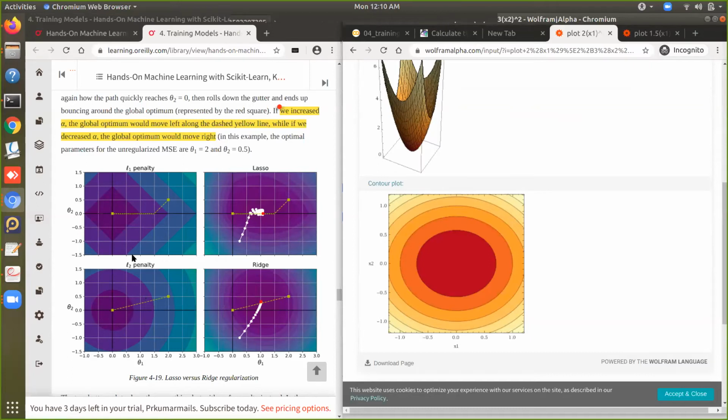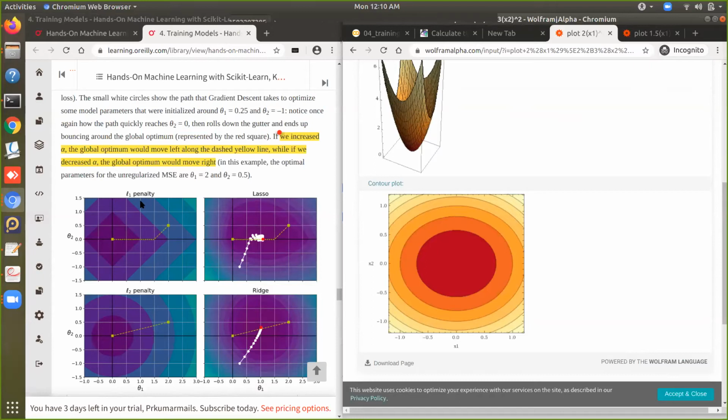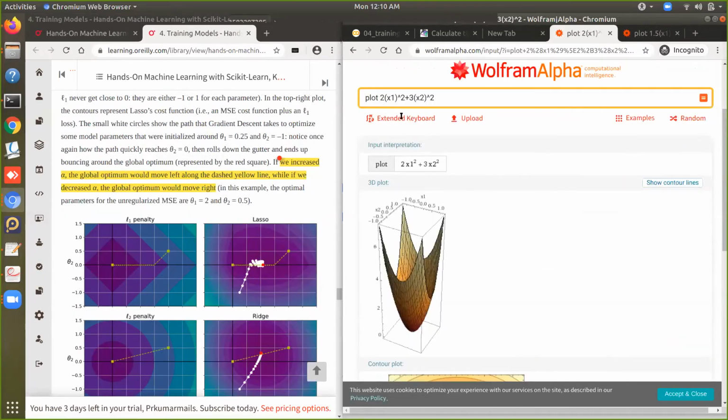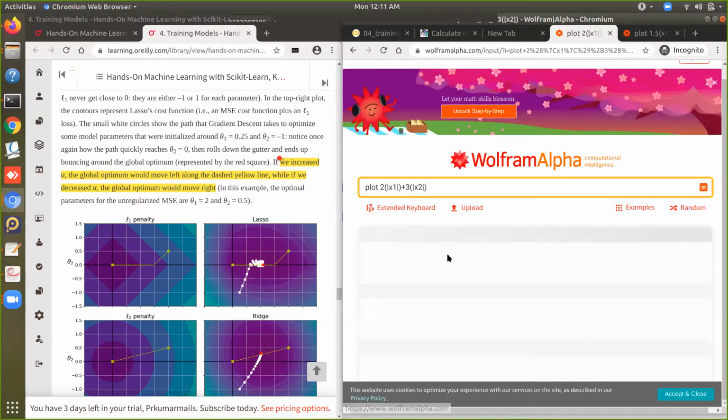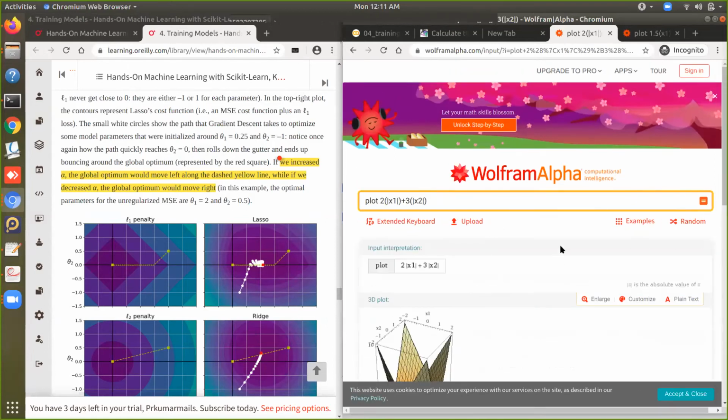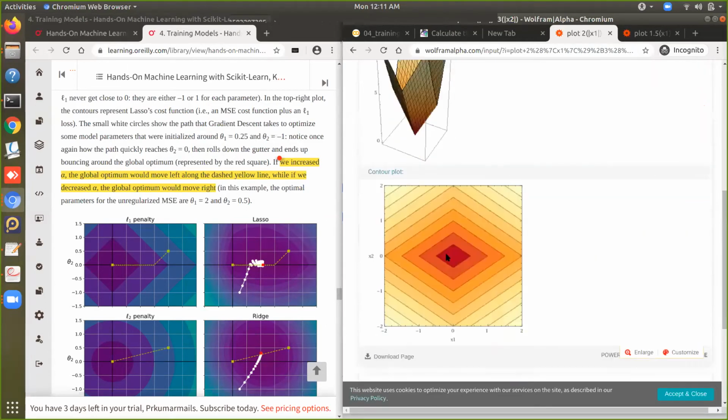In the same way, since this is an L1 penalty, if we see the same here, this is what we will be getting. In the top view, in the contour plot, we will be getting it like this, so that's what we are seeing here in the left top.